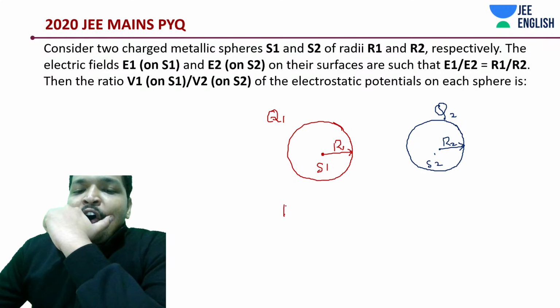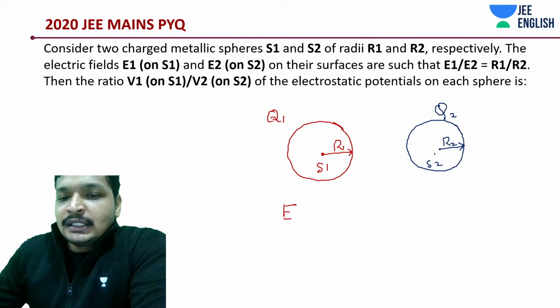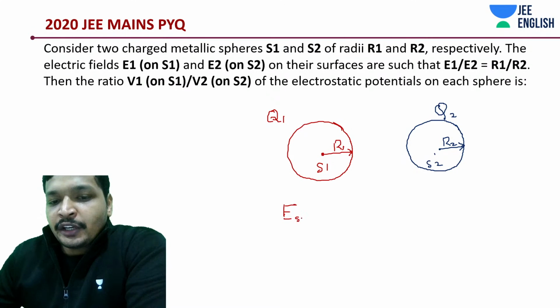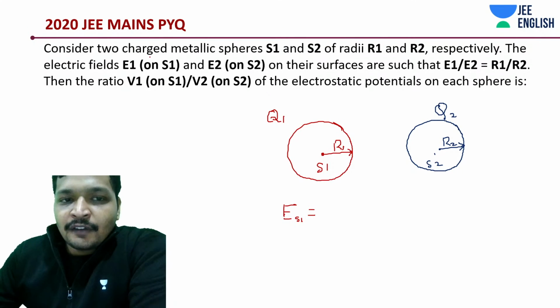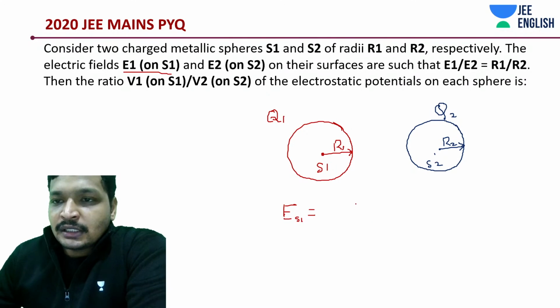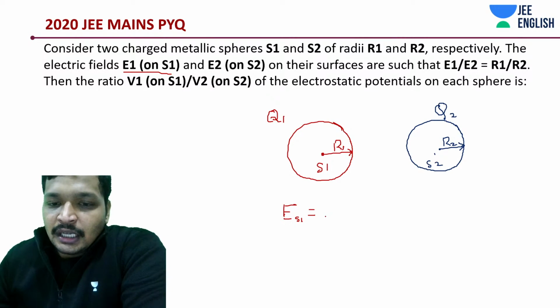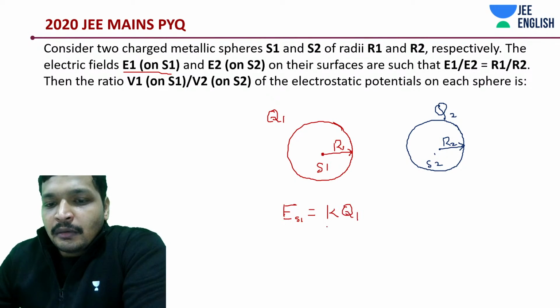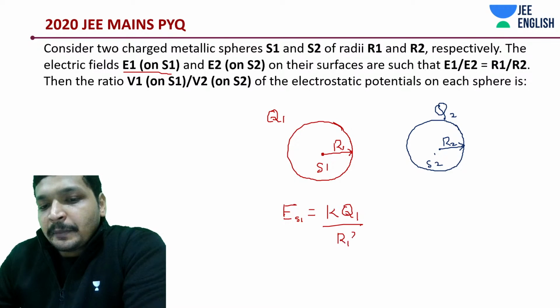The electric field on the surface due to sphere S1, E1 on the surface, is going to be K Q1 by R1 whole square, right?